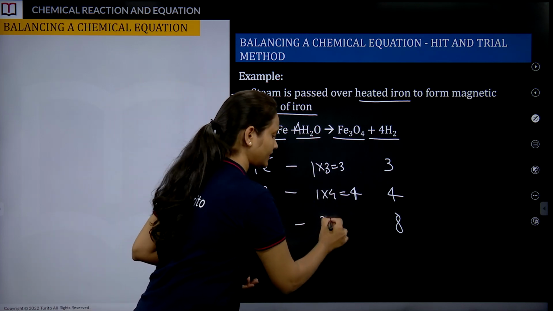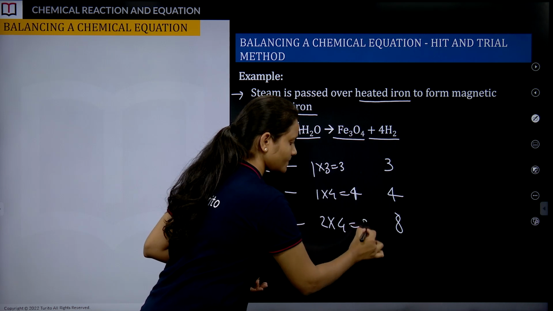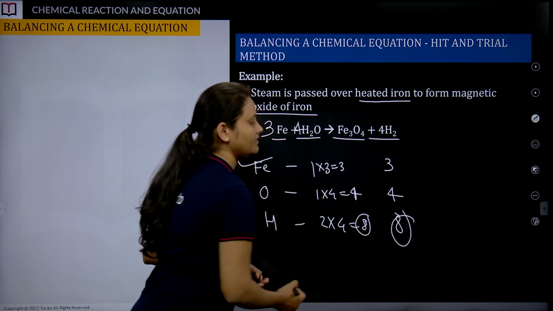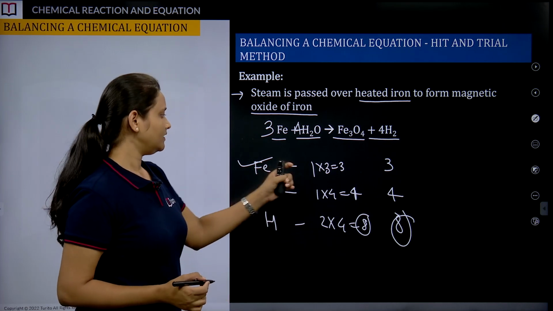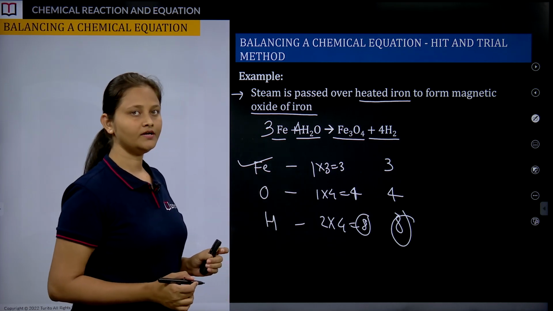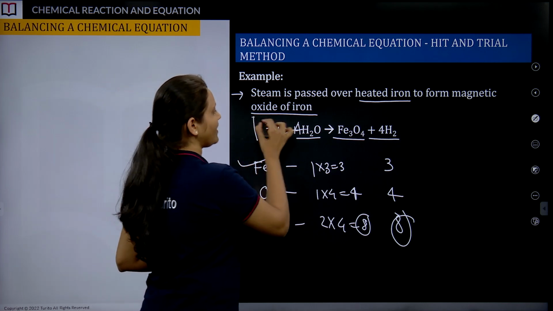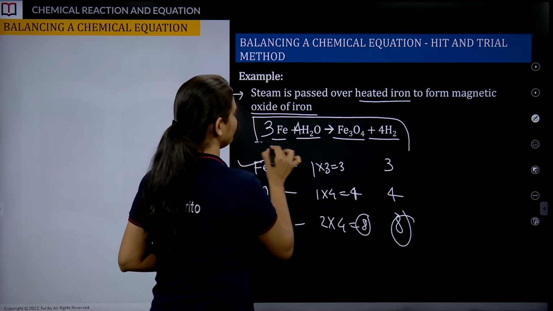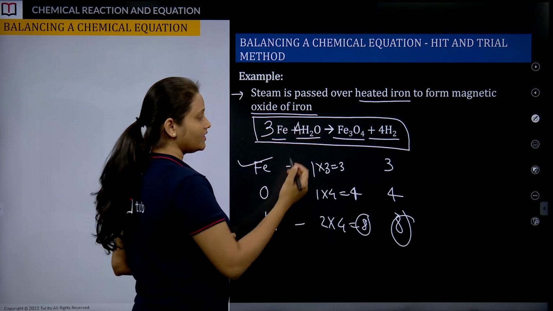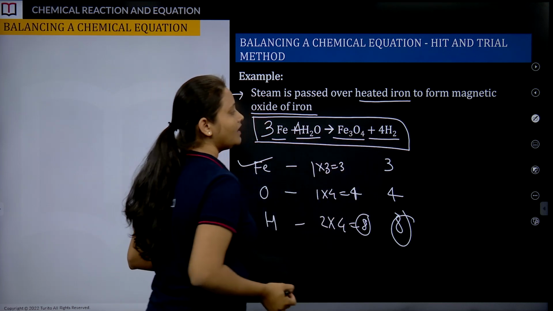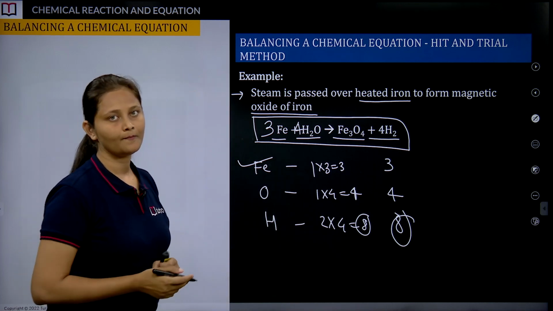So how many hydrogen are there? 8, right? And which is again exactly the same in this reaction, 3 3, 4 4, 8 8. Got it? So this is your final balanced chemical equation: 3Fe plus 4H2O giving you Fe3O4 along with 4H2.